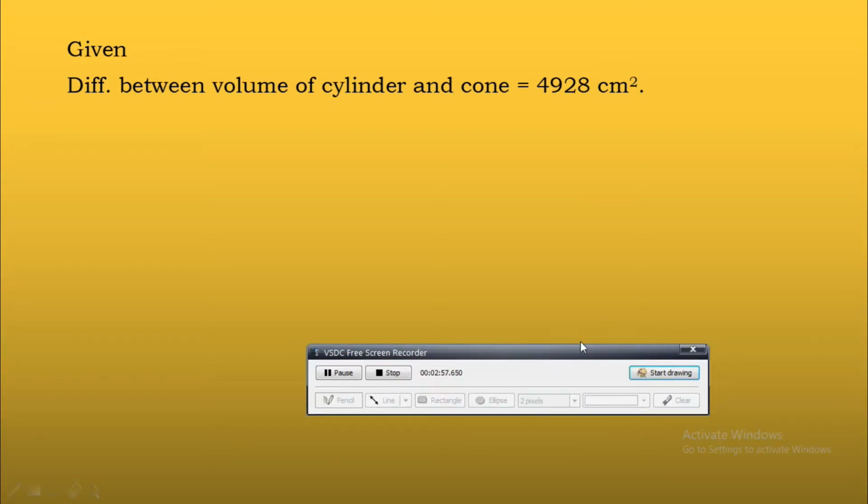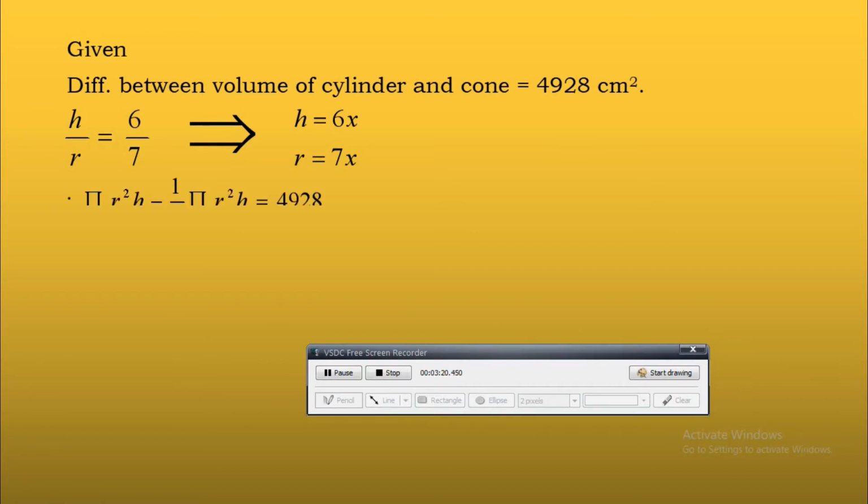Given the difference between the volume of the cylinder and the cone is 4928. Next, the ratio of h by r, that is height and radius, is given as 6:7, so we can write h is equal to 6x and r is equal to 7x.